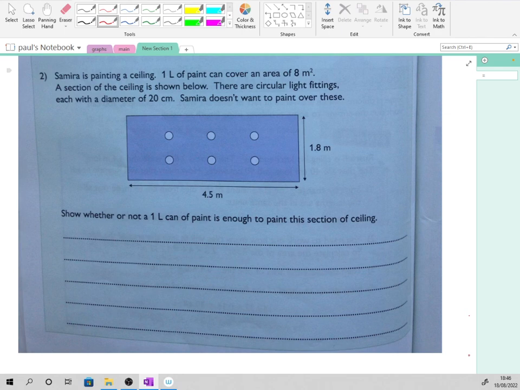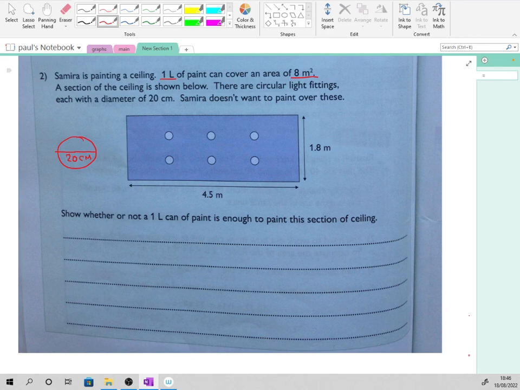Right, so we've got the light fittings. Here's a big light fitting with a diameter of 20 centimetres. But this is in meters. 1 litre of paint can do 8 meters squared. We're trying to work out whether 1 litre of paint is enough.